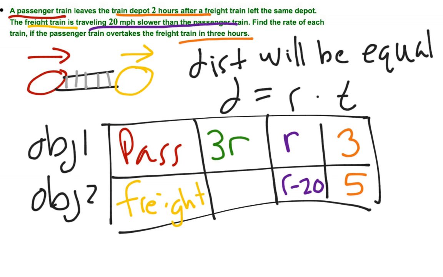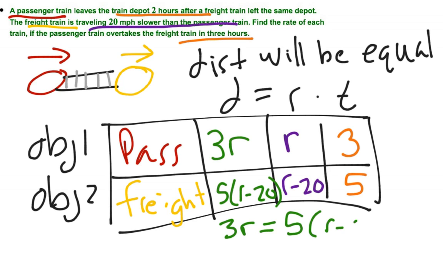For the freight train, the rate is r minus 20, the time is 5, which means that the distance is 5 times r minus 20. Since I know the distances will be equal, I can then set up the equation 3r equals 5 times r minus 20.